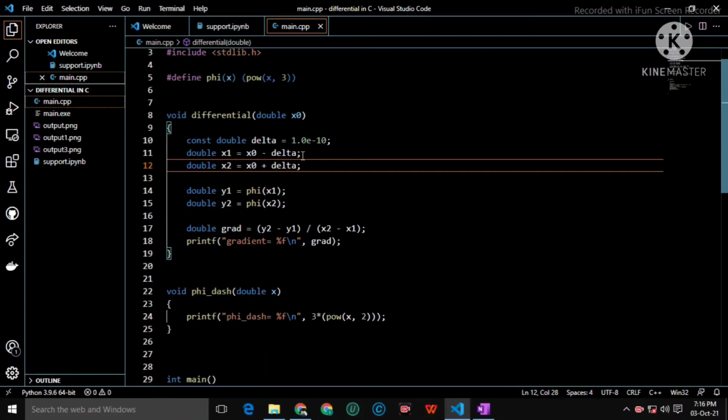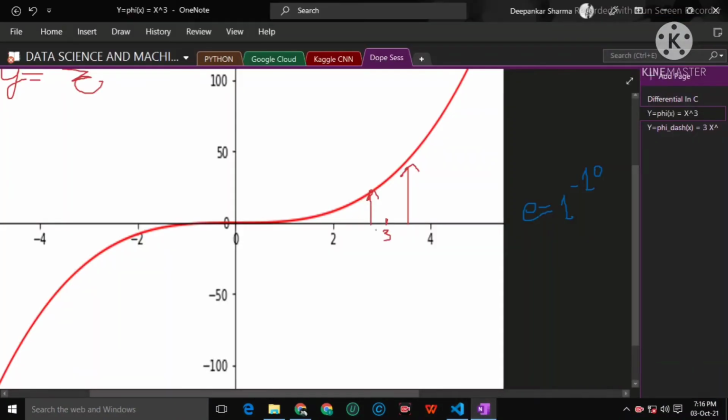So x1 would be x naught minus delta, and x naught we are taking 3, so this is our x naught. Then this would be x2, which is 3 plus 1e to the power minus 10, which is 0.000, ten zeros and then 1.